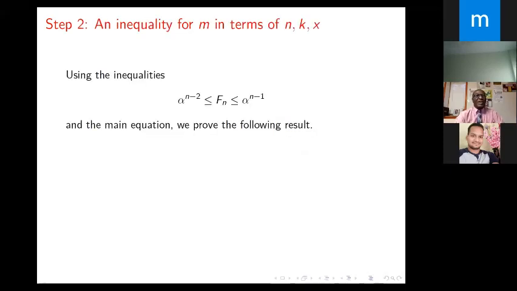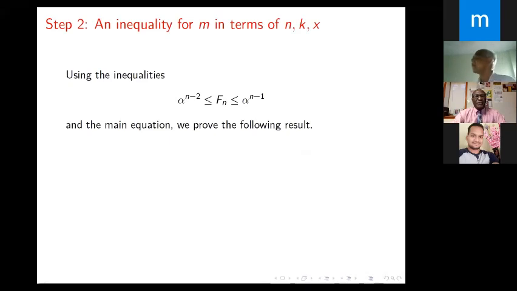Then we now consider the higher values, not too high, but a little above 2. So we consider k greater or equal to 3. And we look first at an elementary property about Fibonacci numbers.